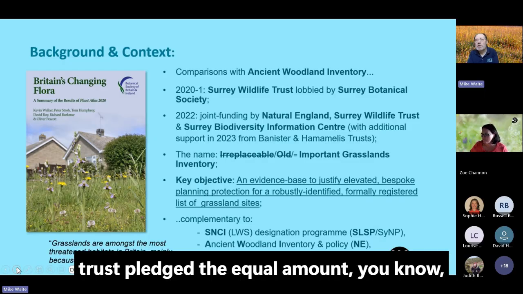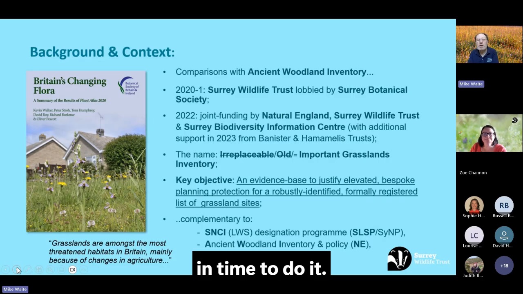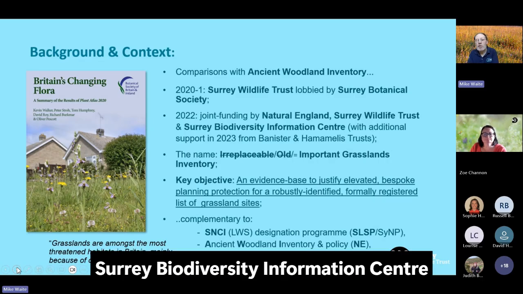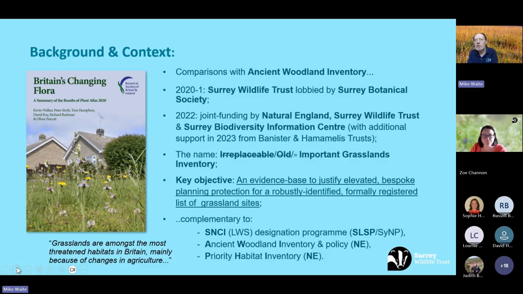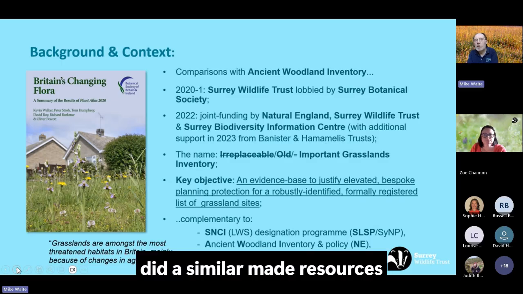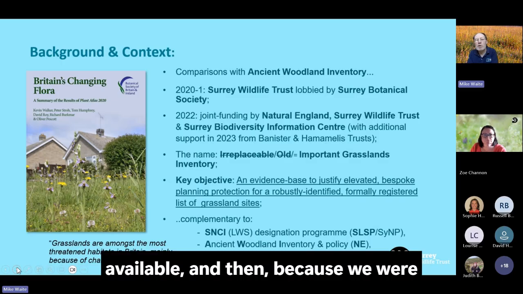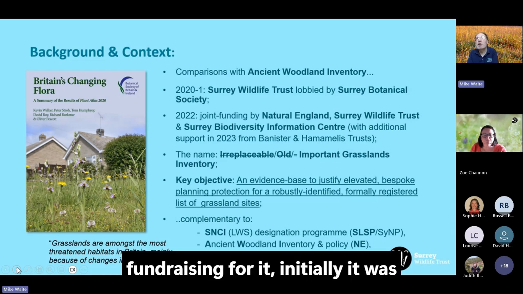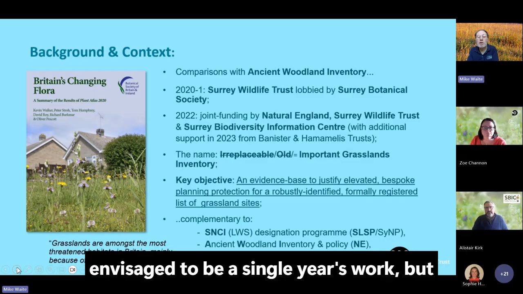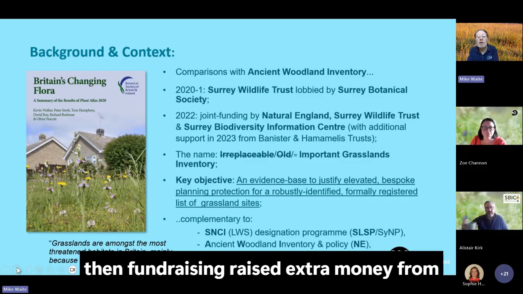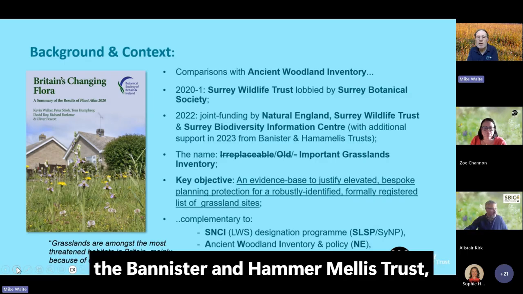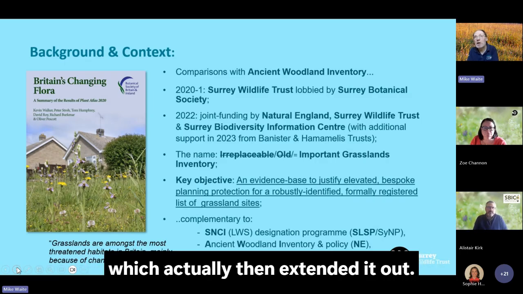The Trust pledged the equal amount, in time, to do it. Surrey Biodiversity Information Centre made resources available, and then because we were fundraising for it, initially it was envisaged to be a single year's work, but then fundraising raised extra money from the Bannister and Hammermellis Trusts, which actually then extended it out.